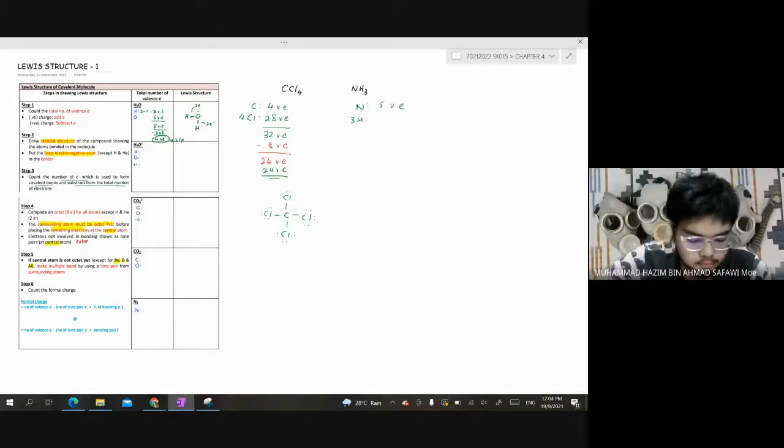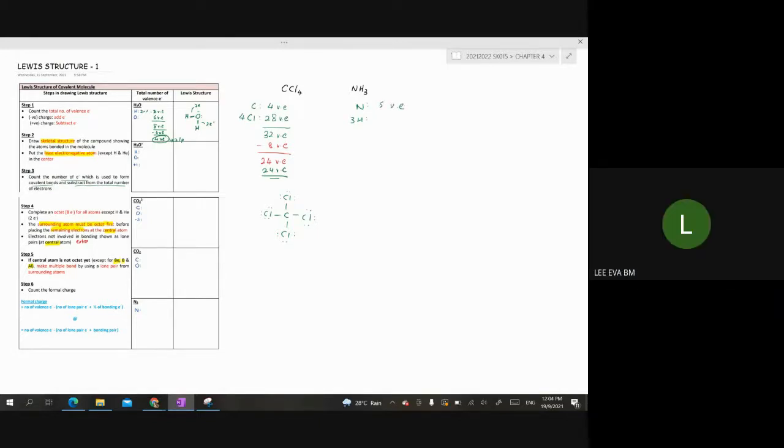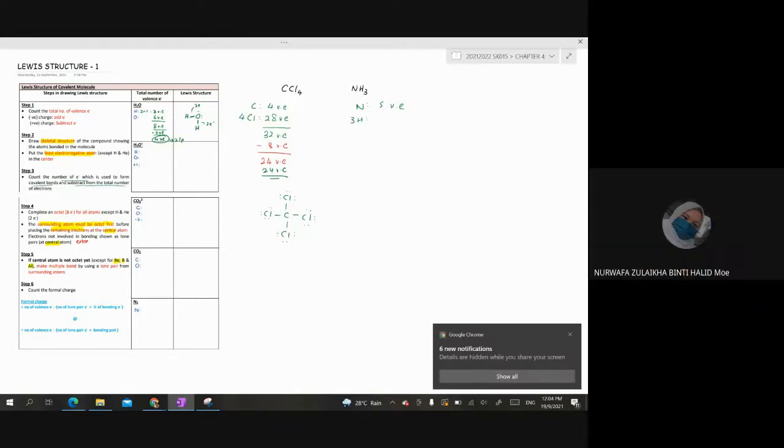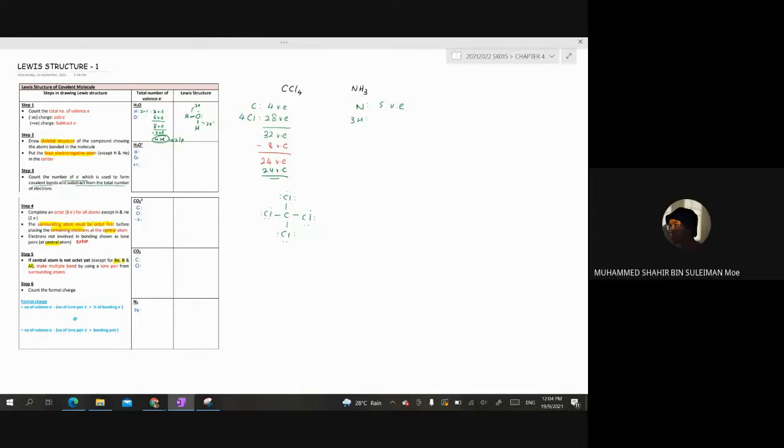Salah. Five. Nitrogen group 15, 5 valence electron. Hydrogen, 1 valence electron, but because there is 3, so 3 valence electron. Okay, altogether? 8 valence electron. Very good.